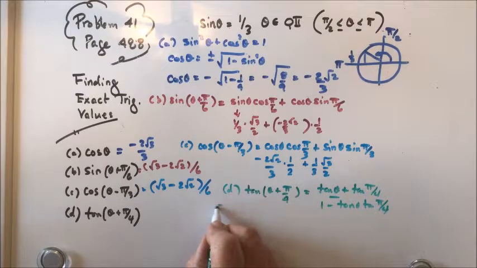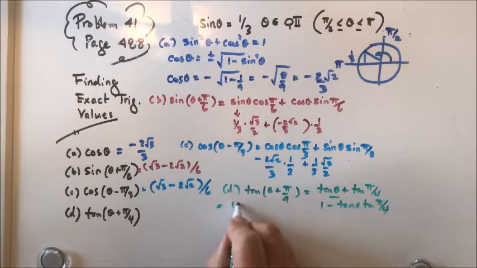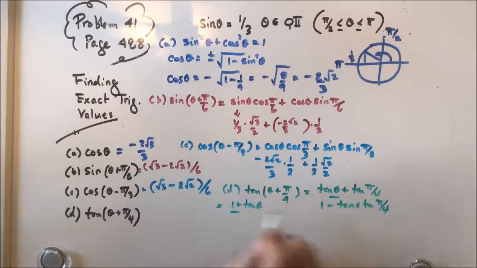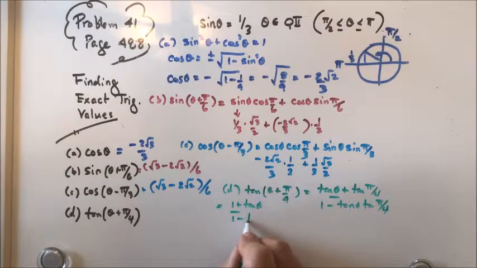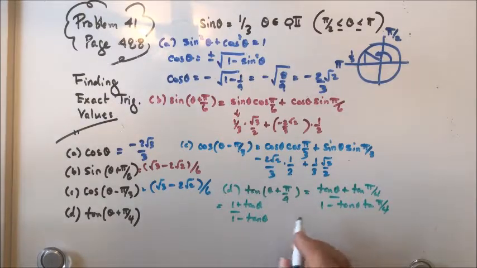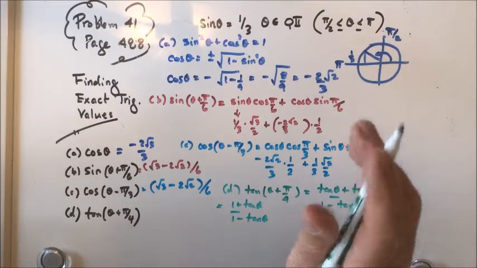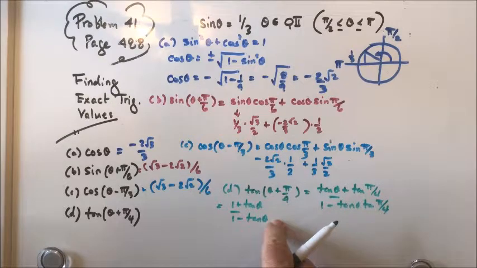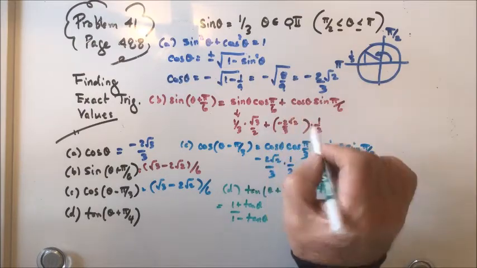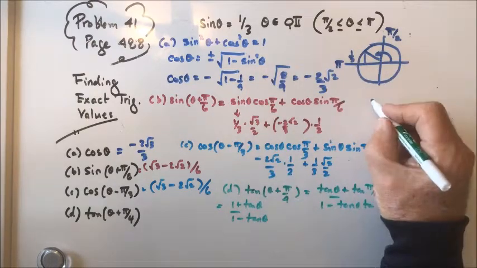So this quantity is 1 plus tangent theta over 1 minus tangent theta. I'm tempted to just multiply top and bottom by 1 minus tangent theta right now, but I don't think I want to do that. Let's go up here and find tangent theta.